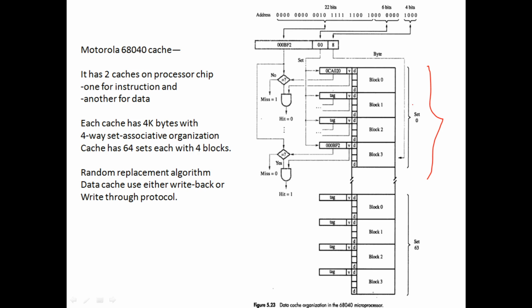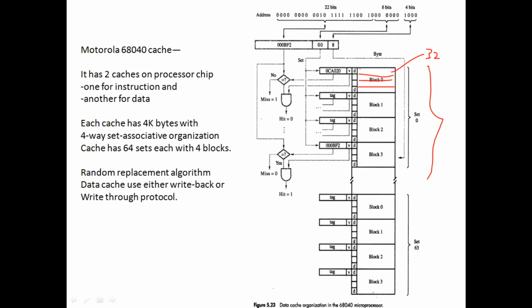Each line has 4 words, that means 32 bits, a word is there in each line.